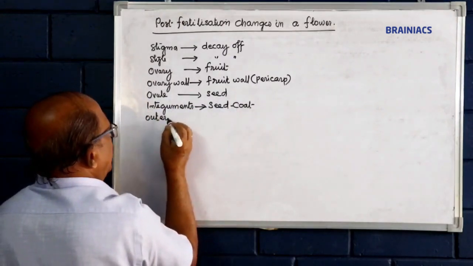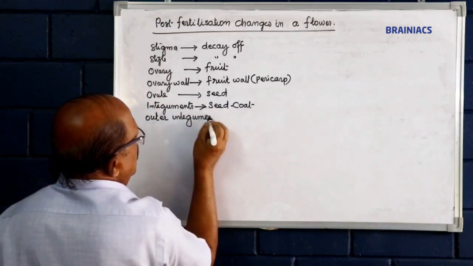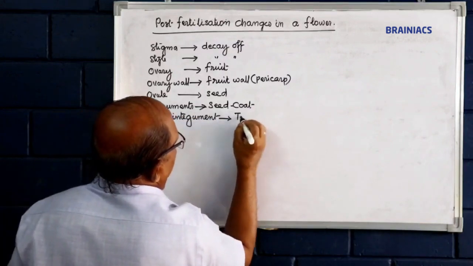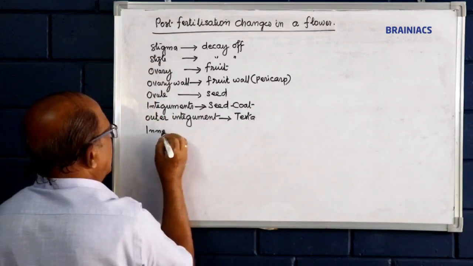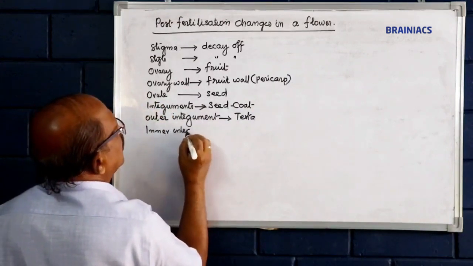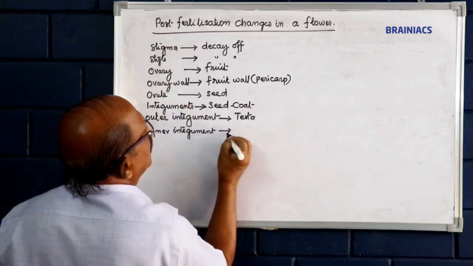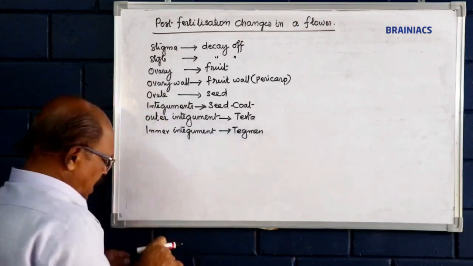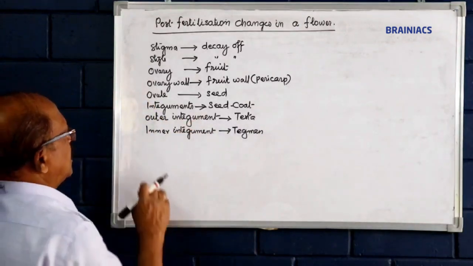Outer integument becomes testa. Inner integument becomes tegmen. Together they constitute the seed coats.